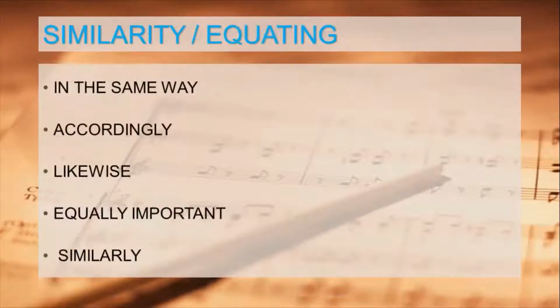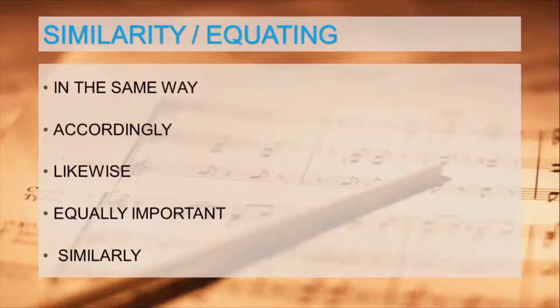If you want to show similarity, or if you want to equate two different points, especially this happens when it comes to Task 1, when we have a graph, we usually use these kinds of linking phrases to show similarity. For example: in the same way, accordingly, likewise, equally important, similarly.